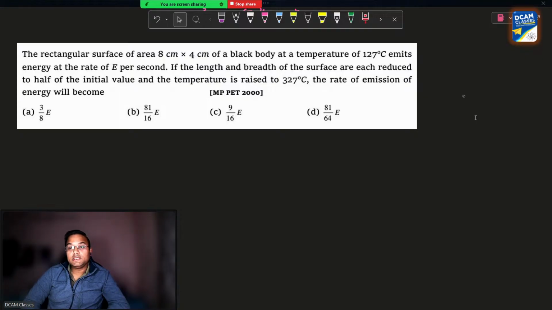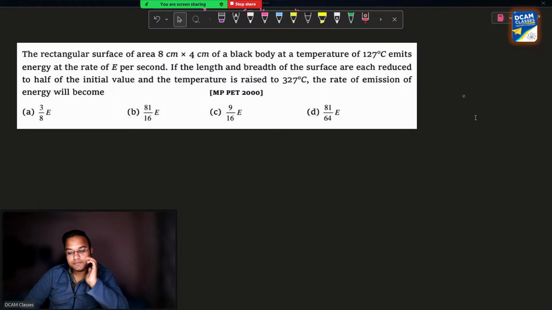Your speed should be faster than the time per question required in the examination. Don't keep quiet until you have achieved that speed. Then only you can expect to do well in these examinations or India level examinations. Otherwise, it is half preparation, incomplete preparation.